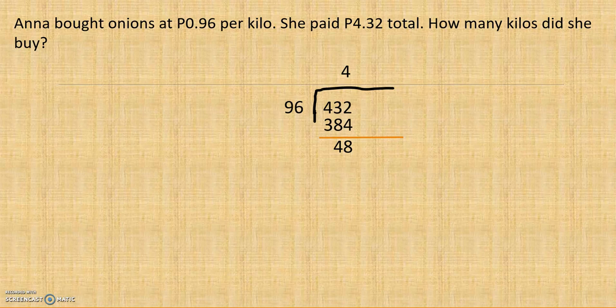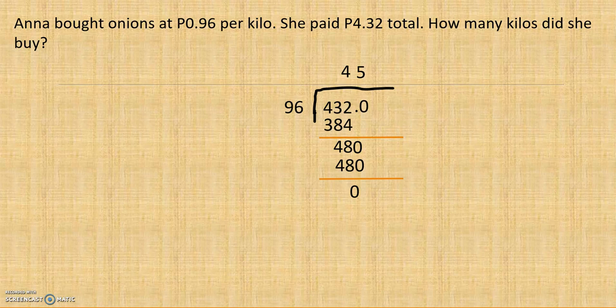Since 48 divided by 96 cannot be, we will add a decimal and 0. Then we will bring down 0. Then we will divide. 480 divided by 96 is 5. And then 5 times 96 is 480. Then we will subtract. Then it will give us 0, or no remainder.